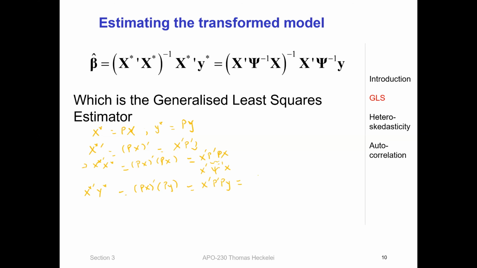And similar to above, we would have x prime psi inverse times y. So plug everything in here, you would have this expression. So x prime psi inverse x, everything inverse times x prime psi inverse y. Okay?